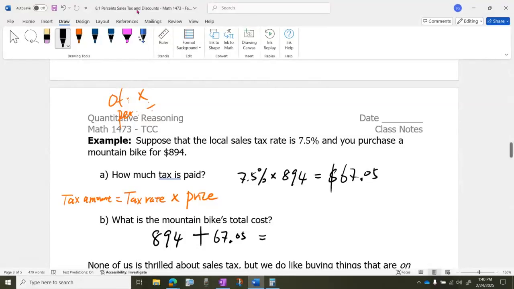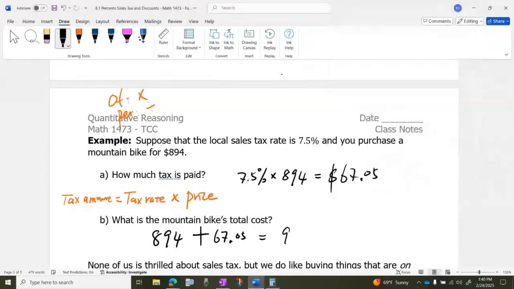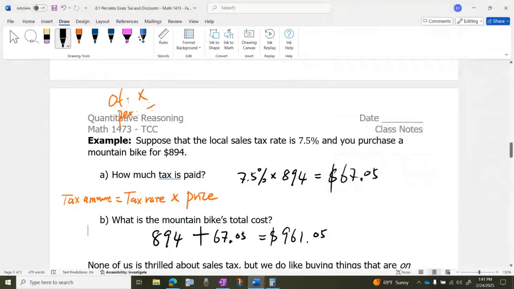So we can use the calculator. That's the tax amount. Tax amount plus $894, $961.05. Always like that.